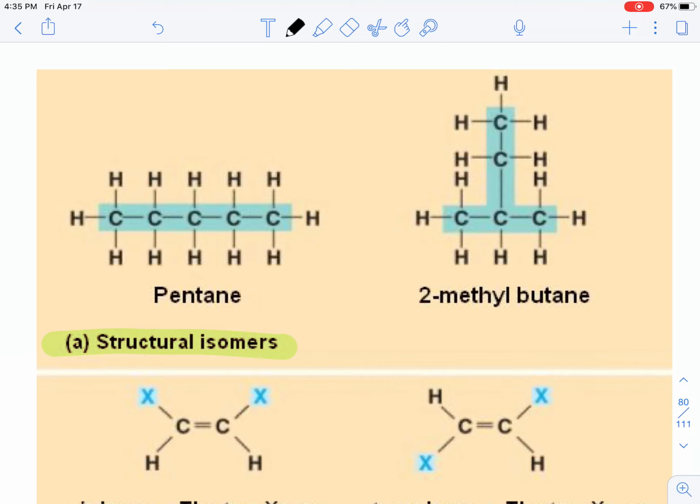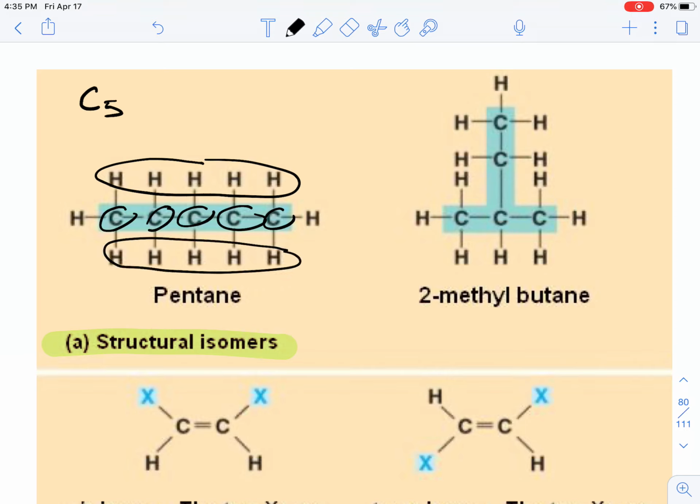We have 1, 2, 3, 4, 5, so here we have 5 carbons. If you look at the top, we have 5 hydrogens, added to the 5 hydrogens at the bottom, we have 10, 11, 12. So here we have 12 hydrogens for pentane.